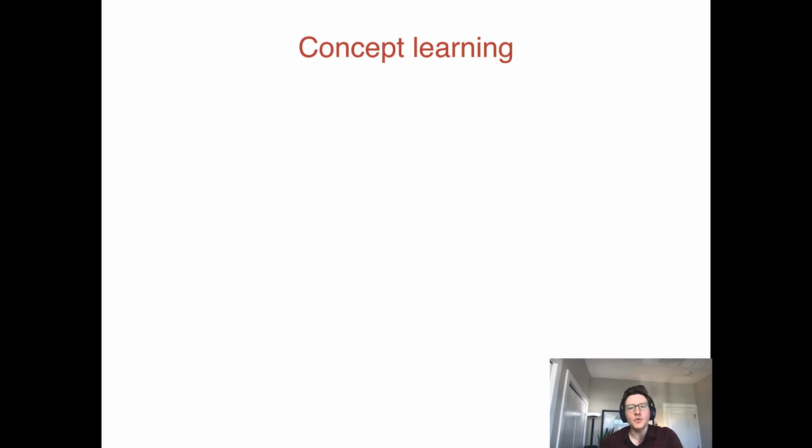If we're trying to do any kind of learning, we want to define some kind of concept about the world. That is, some hypothesis about how the world works. We might write that as a given hypothesis, little h, out of the set of all hypotheses we could possibly imagine.